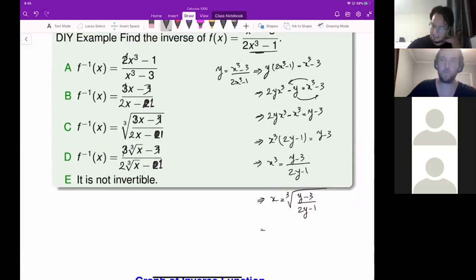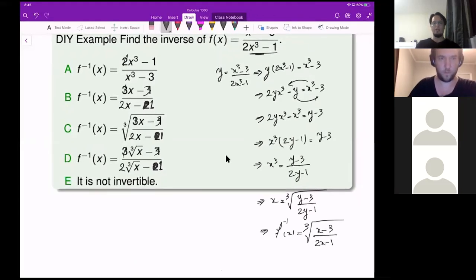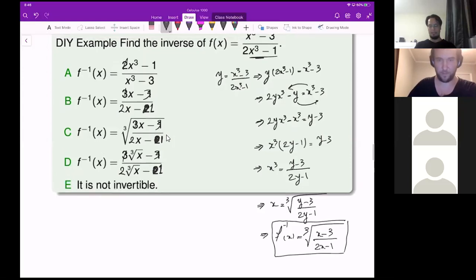So then change x and y, then f inverse of x is basically the third root of (x minus 3) over (2x minus 1). Does my screen show the correct thing now? Okay, guys, sorry, I had a mistake in the choices, but the solution is this one. Basically, we were trying to solve this for this guy, as I showed here.